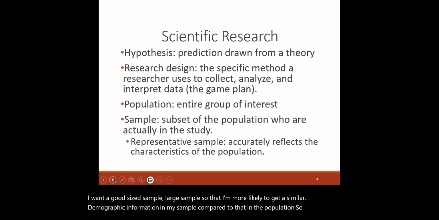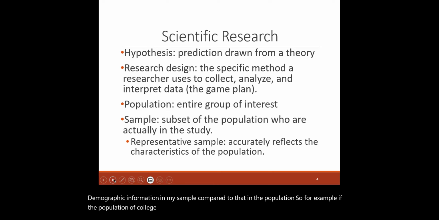So for example, if the population of college students in the United States is, and I don't know this for sure, but say it's 60% female and 40% male, I want my sample to also be 60% female and 40% male.